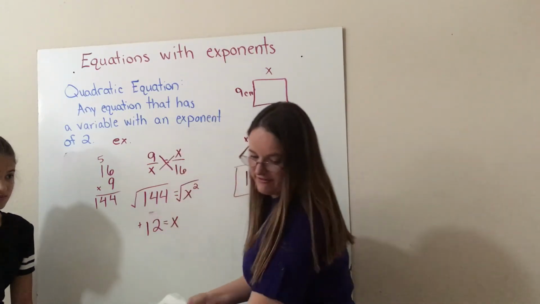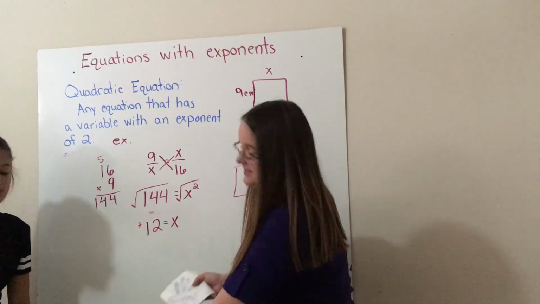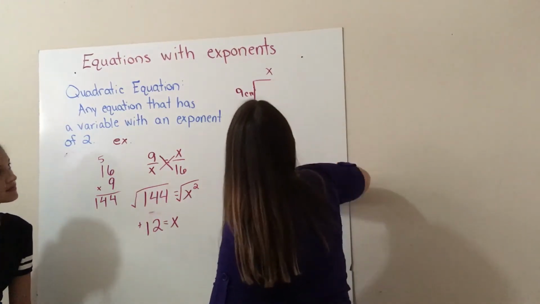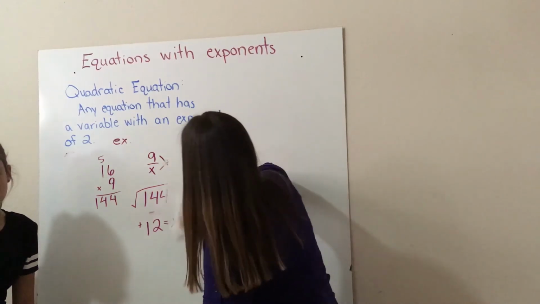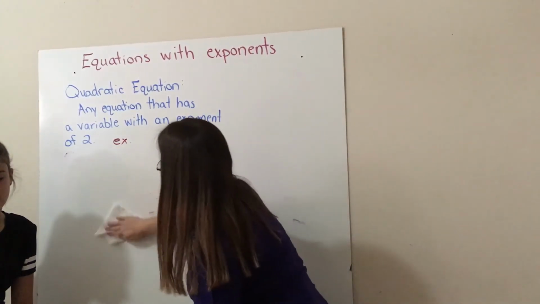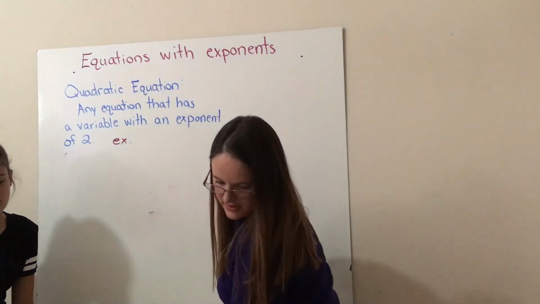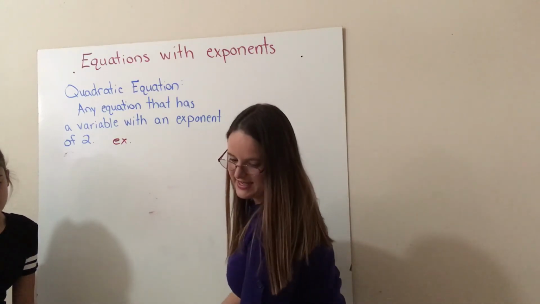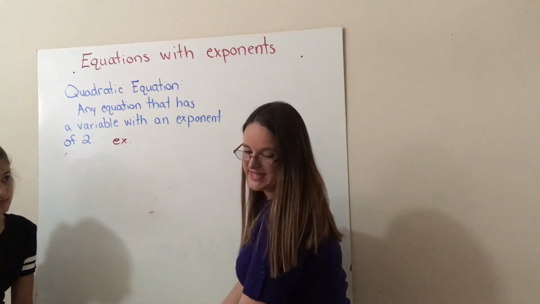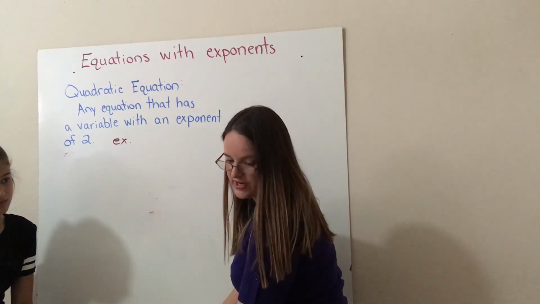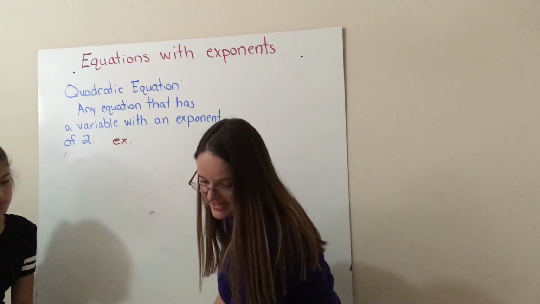All right. Our final example is a word problem. It says Jamie is making a mosaic using 100 1-inch square tiles.